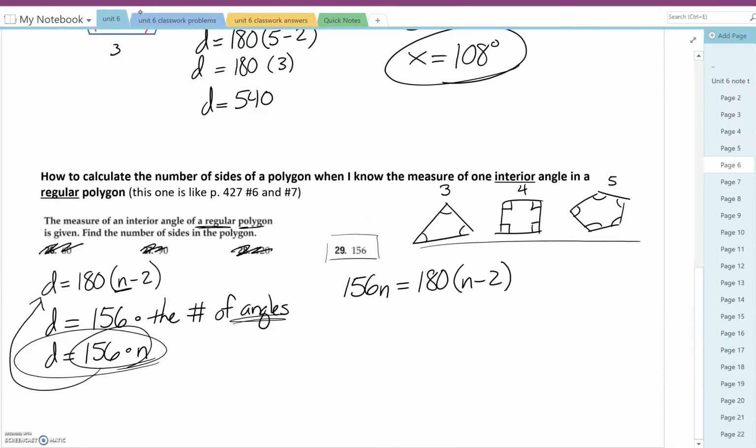So I want to get N by itself eventually, but what I've got to do here is go ahead and multiply. So I'm going to distribute that 180. So my equation now is 156N equals 180 times N is just 180N. 180 times negative 2 is negative 360. So again, I'm trying to get the N terms all on one side.